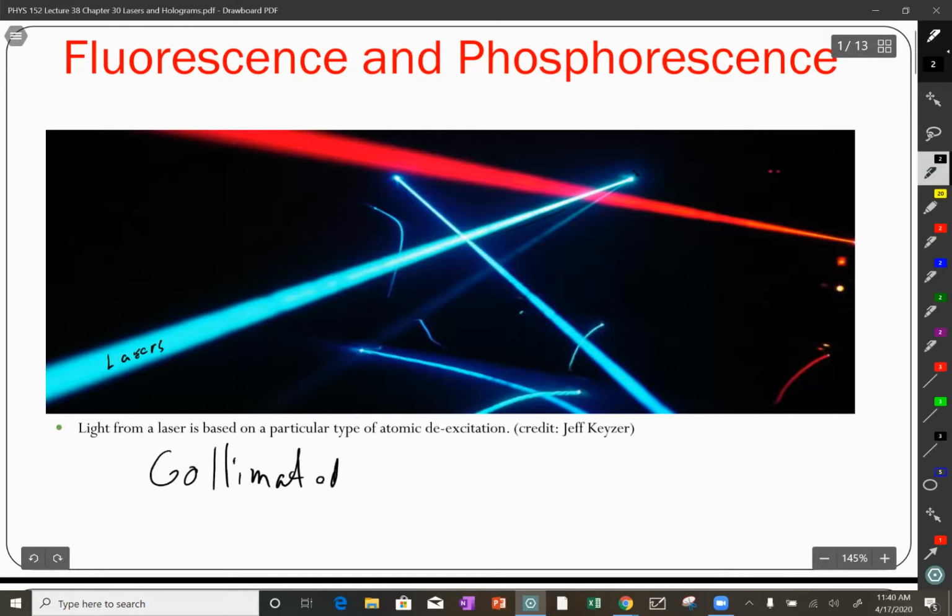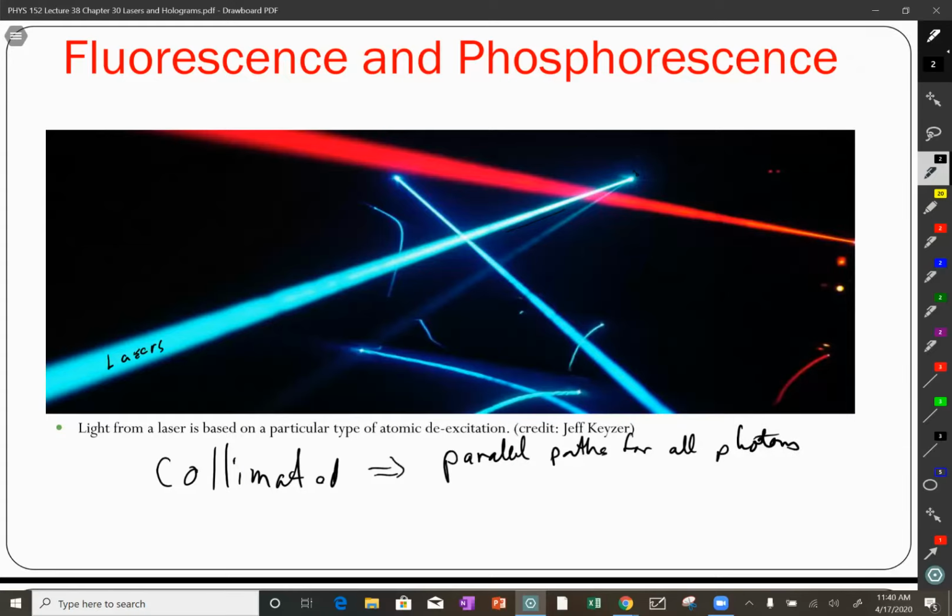I know my first letter looks like a G instead of a C, so I'm going to rewrite. Collimated beam. That is, you have parallel paths for all photons. Now, it's not possible to make a perfectly collimated beam, but we'll look at the design of a laser later in this lecture to see why laser light tends to be collimated.